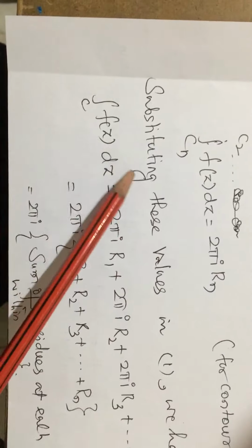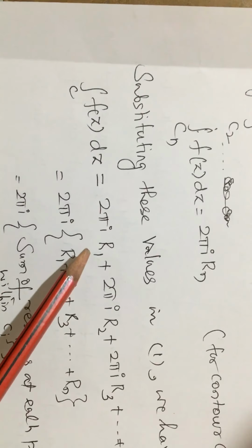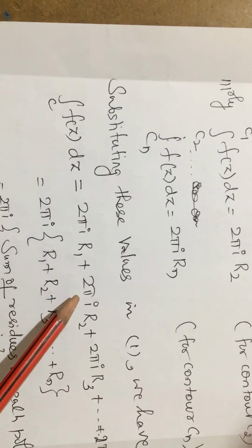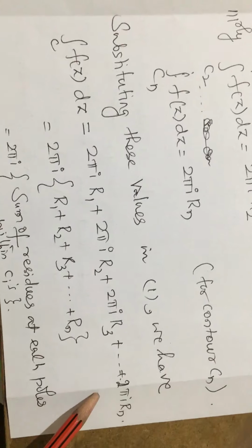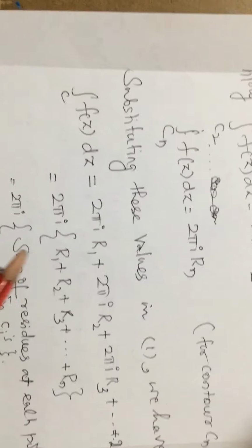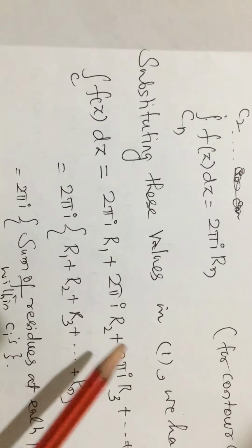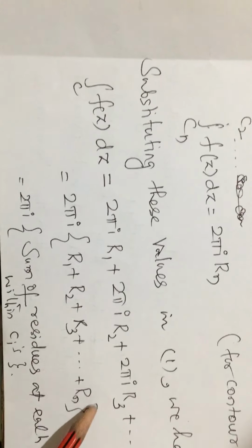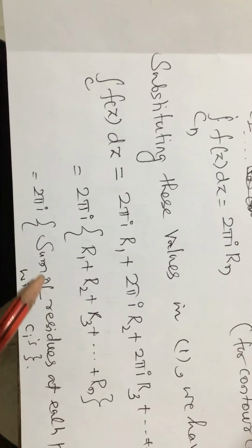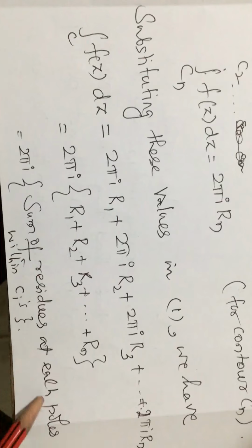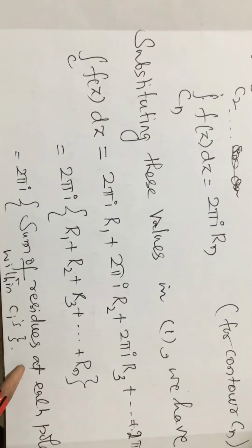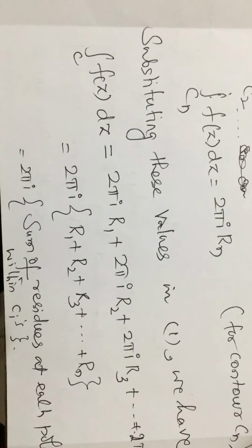So we get the integral of f(z) dz equal to the first, second, third and fourth terms. Taking 2 pi i as the common factor, we get this. This is nothing but the sum of residues at each pole within C1, C2, C3, up to Cn.